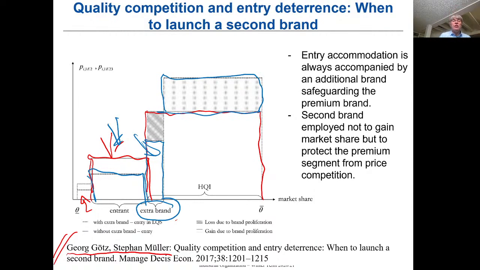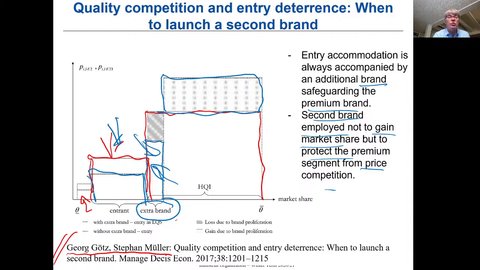And what you see is that if you see entry accommodation, it's always a good thing to introduce an additional brand, such a medium quality brand, in order to safeguard your premium brand. The second brand is not there to gain market share, but to protect the premium segment from price competition.